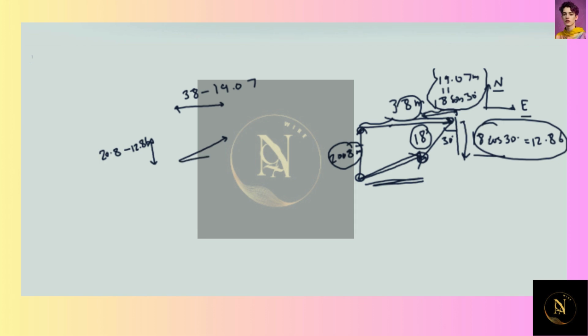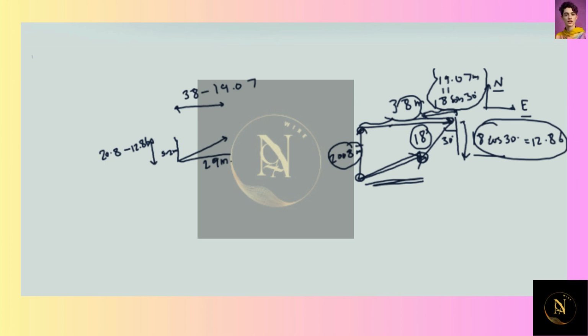Hence, the vector's horizontal component is 29 meters, and the vertical component of the vector is 5.2 meters.